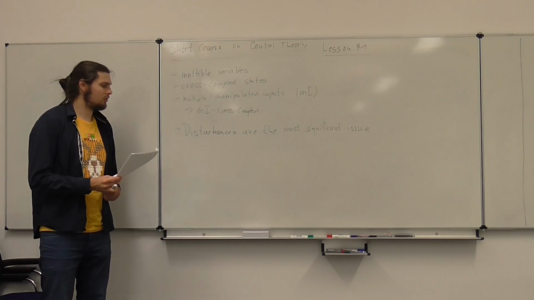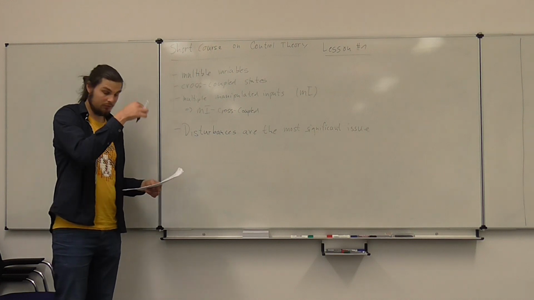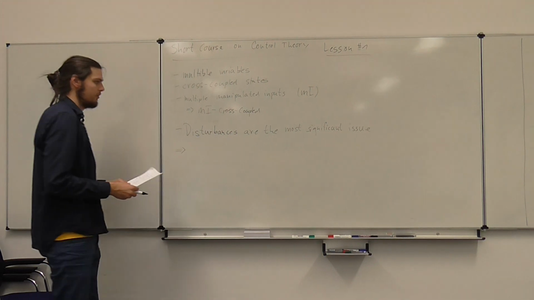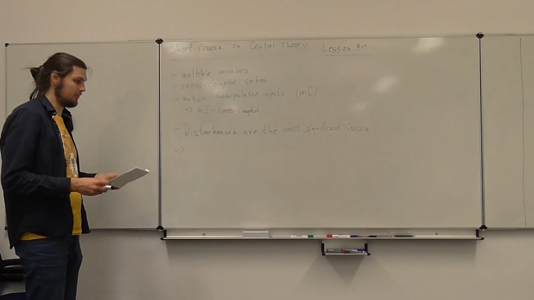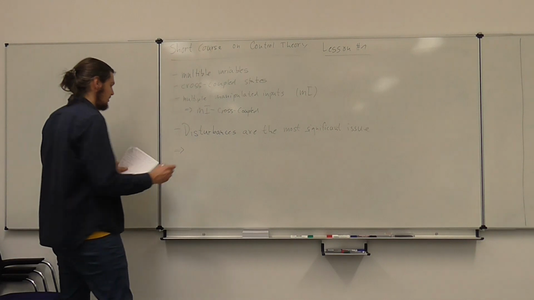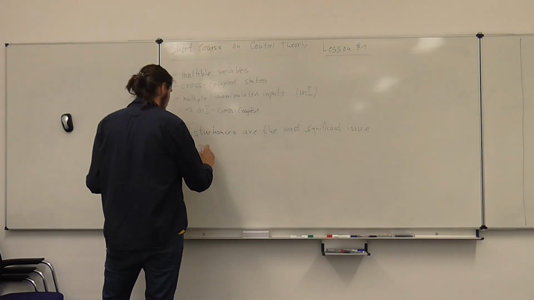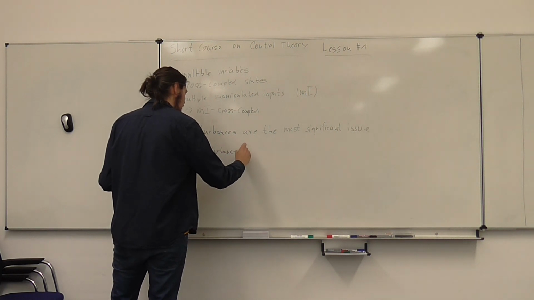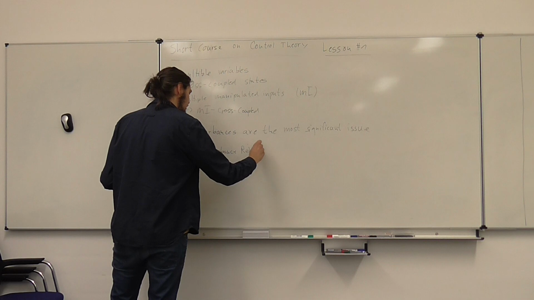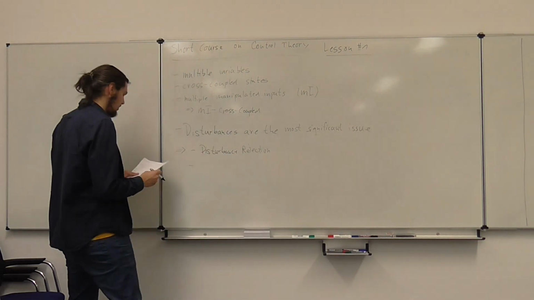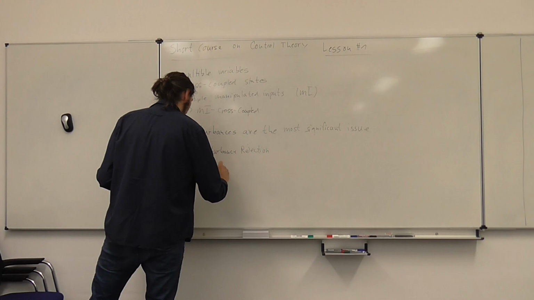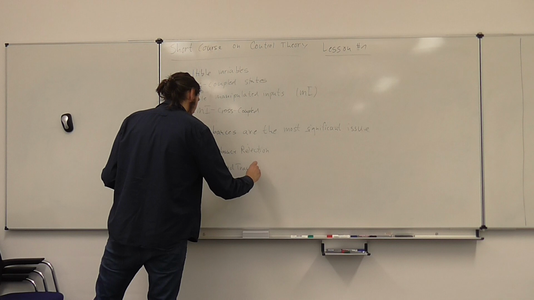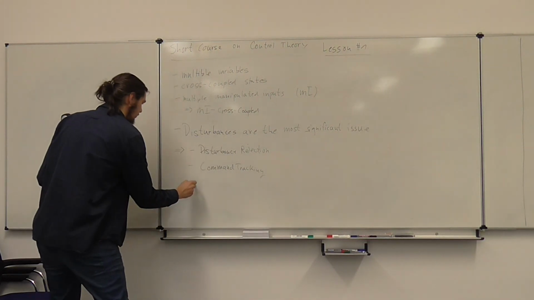And to evaluate a control, we have to talk about mainly 3 metrics to tell how good our control is, or at least that's what we propose. First of all, disturbance rejection. Second would be command tracking. And the third would be robustness.